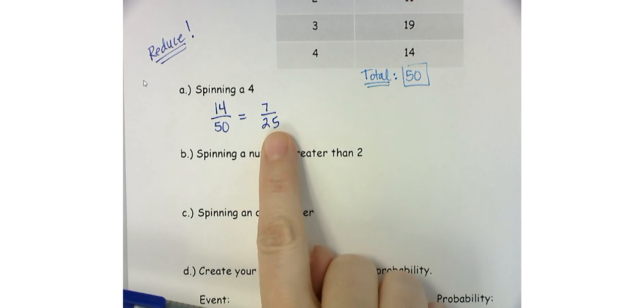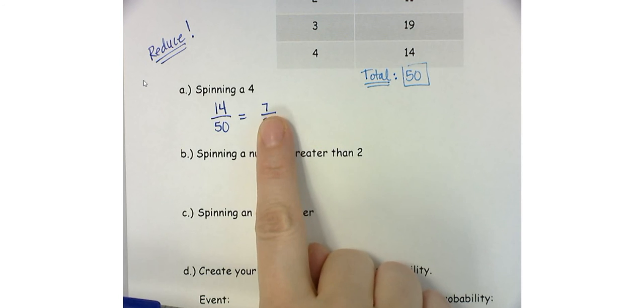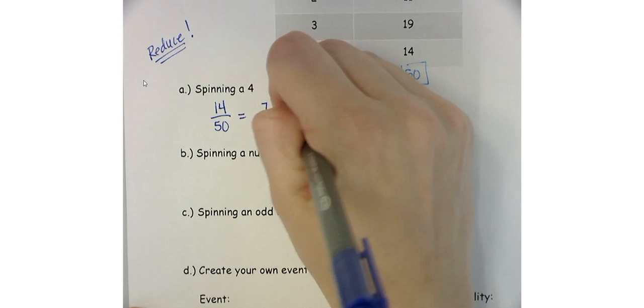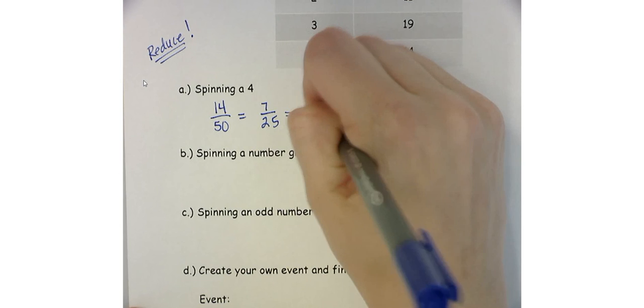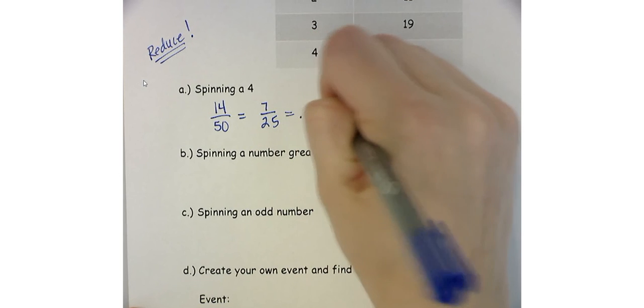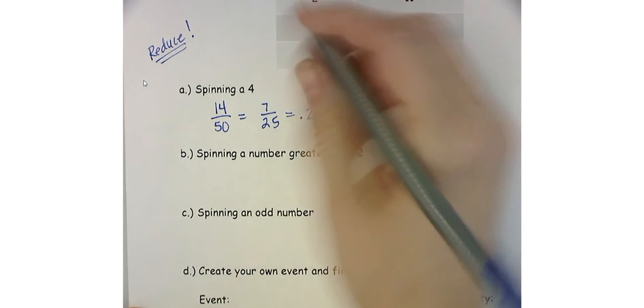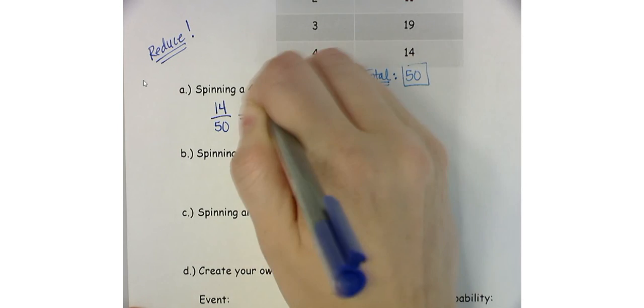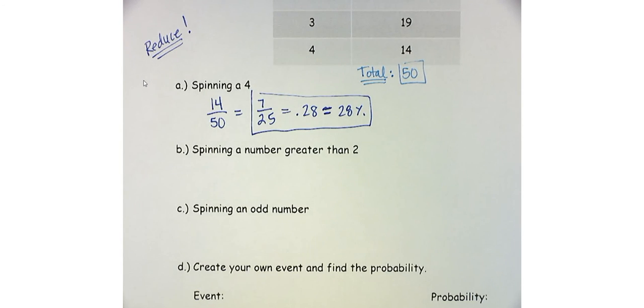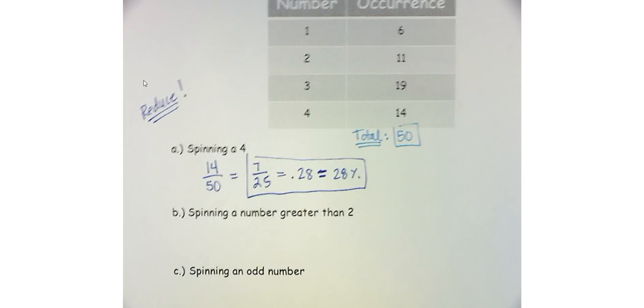So we'll have 33 out of 50. That will not reduce, right? Because those are just our basic math facts. And when you are finding this, again, 50 times what is 100? 2, so just times 2. Times 2 times 2, so 0.66, which will be 66% exactly.